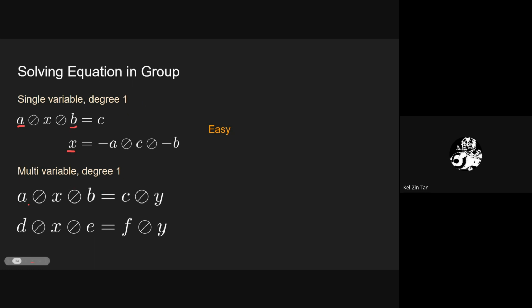Suppose we have A X B is equal to C Y, and similarly D X E is equal to F Y. Okay, that's very mouthful. But we can show that actually this is also quite easy. Why? Because you can always express X in terms of Y and do substitution.